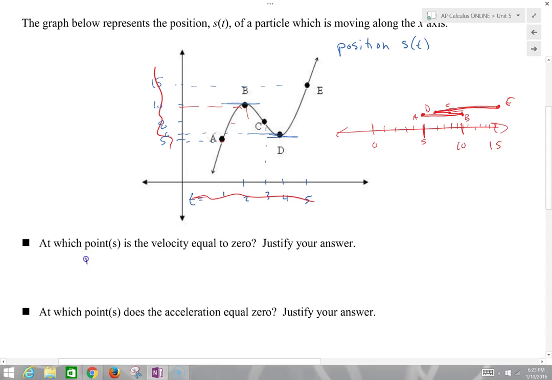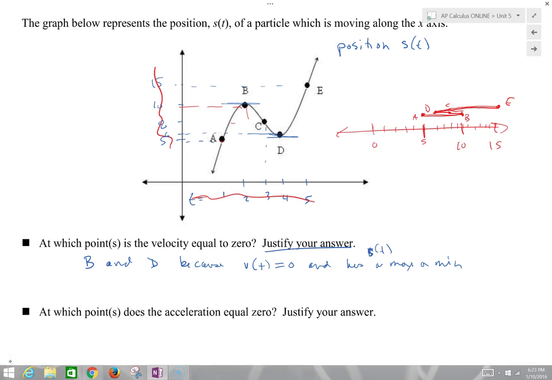So that's going to happen at B and D. We have to justify our answer, because v of t equals 0 and s of t has a max or a min.